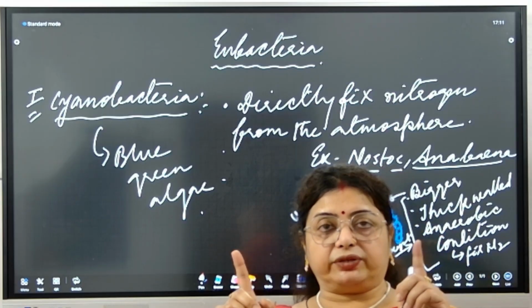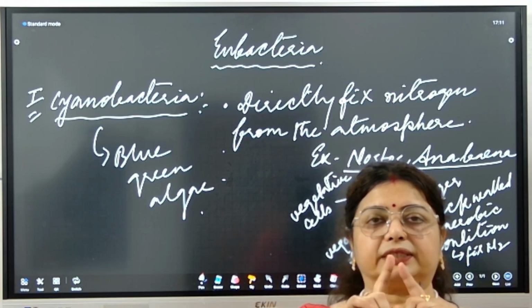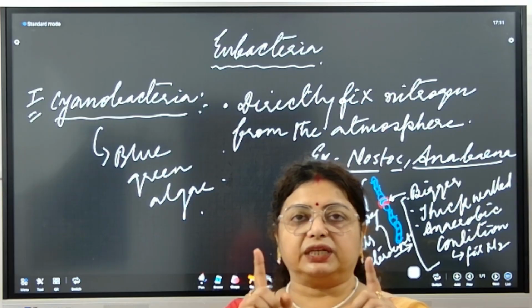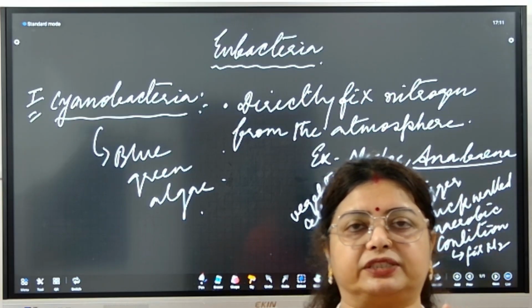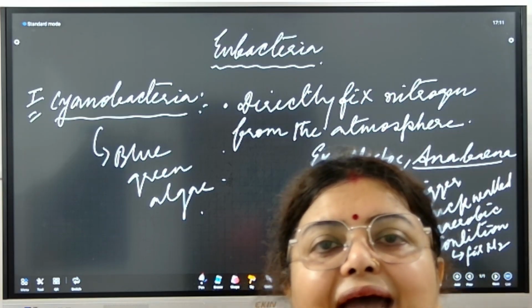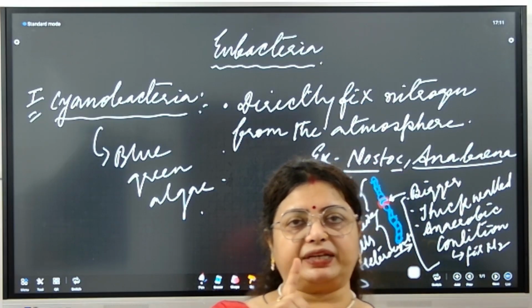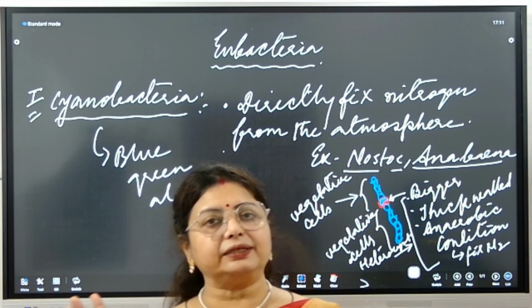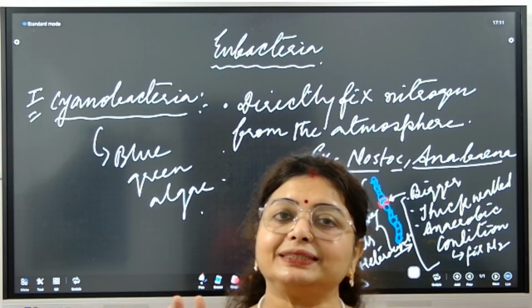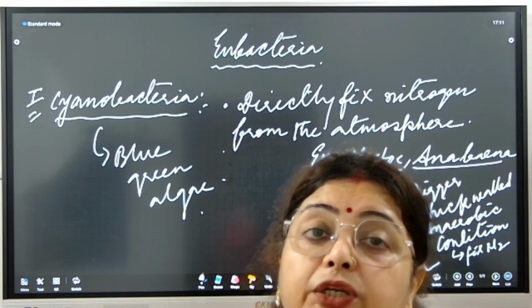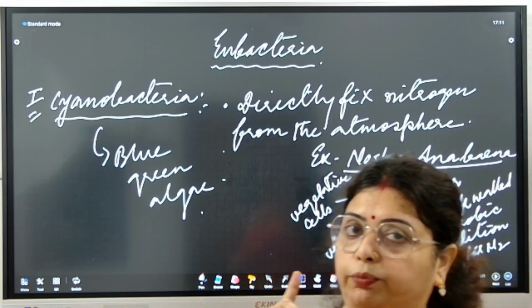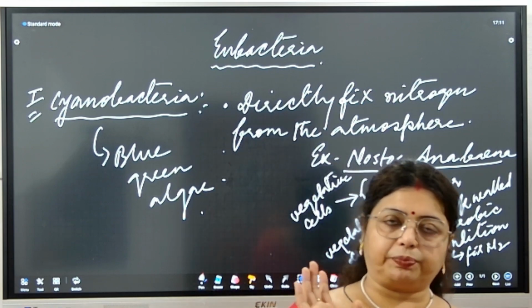The genetic material, that is DNA, will replicate into two. So one will go to one cell, another will go to the other cell. This genetic material is also called the nucleoid. It is made up of only a single chromosome and floating in the cytoplasm.